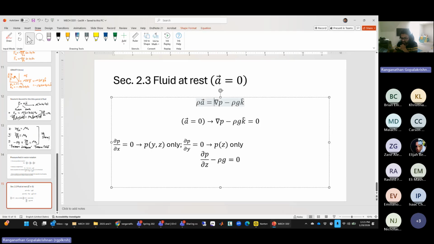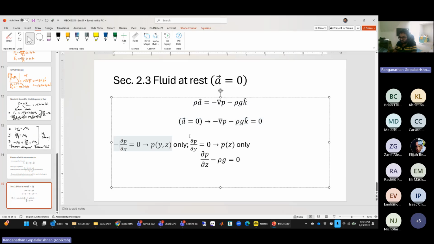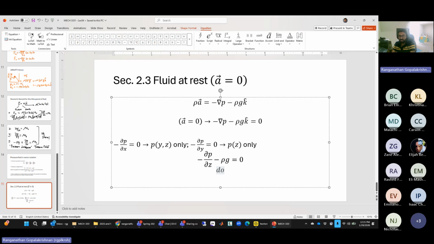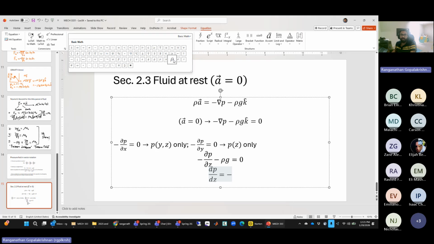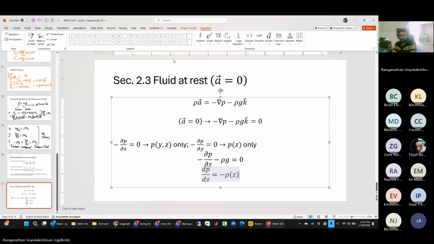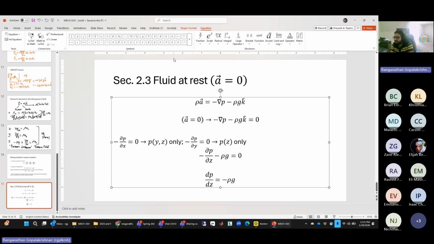And when I simplify this, for the x and y direction, it didn't make a difference. And for the z direction, if I add that difference, what am I going to get? dP over dz equal to minus density of the fluid at z times g. I apologize, but is it making sense what I did and why the sign had to be reversed?